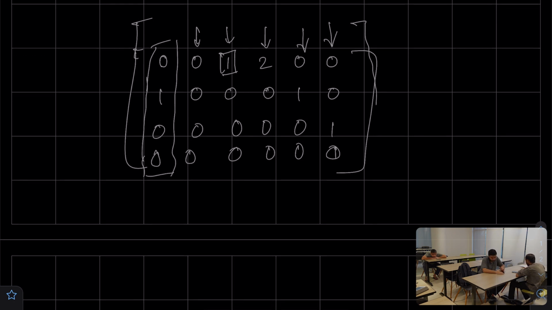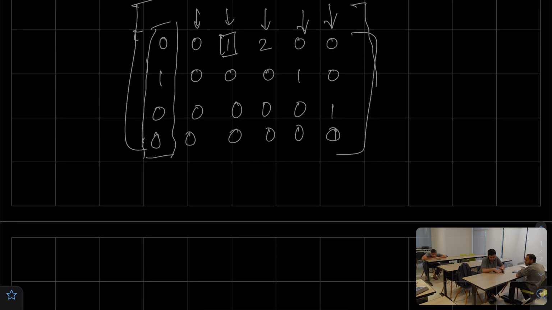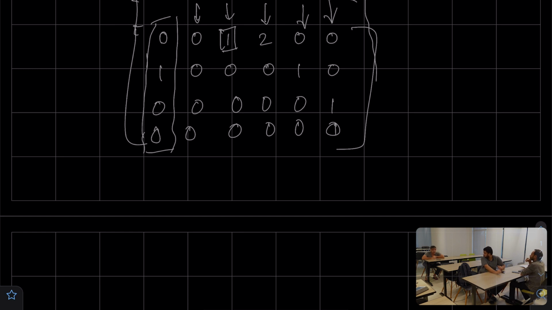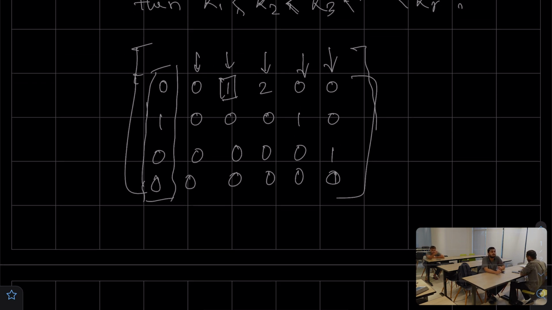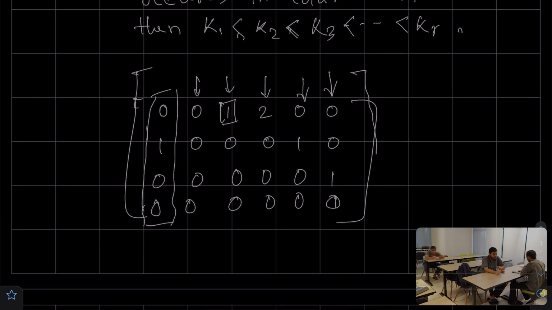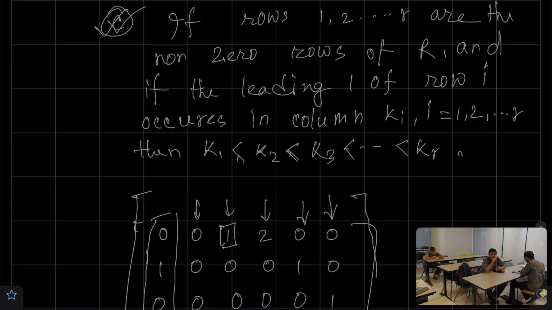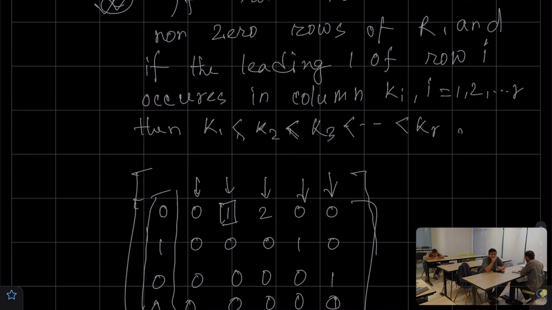Now, to make it a row reduced echelon matrix, what I need to do is, but before that, what are K1, K2, K3 here? As it says, if rows 1, 2, up to r are the non-zero rows of R, and if the leading one of row i occurs in column Ki, then K1 is less than K2.